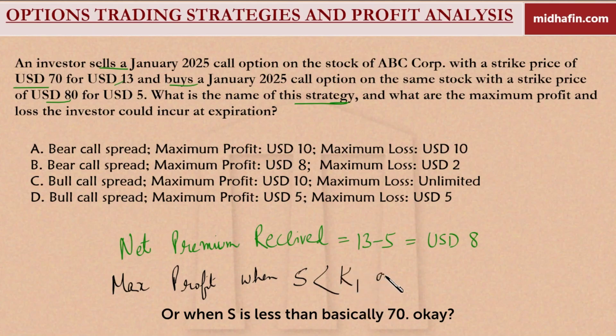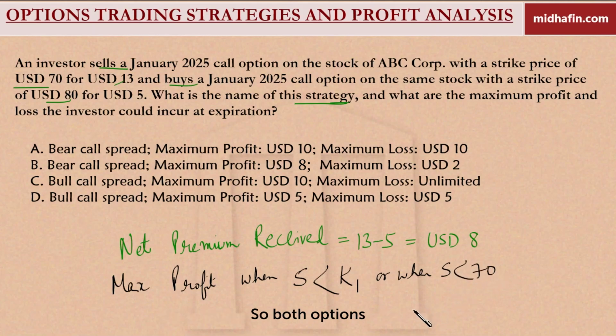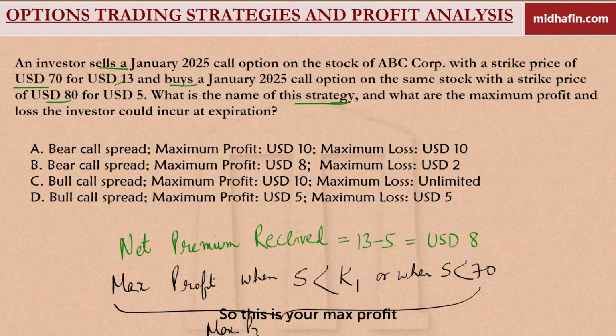Okay, or when S is less than basically 70. Okay, so both options expire worthless in this case, and the investor keeps the net premium. So this is your max profit, which is the net premium received, which is nothing but $8.